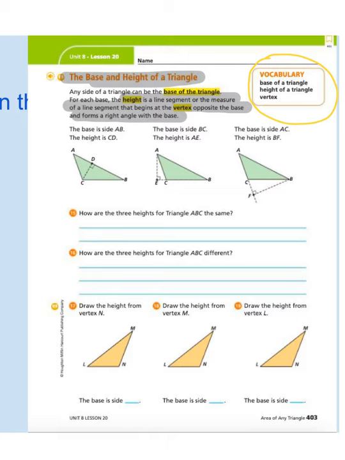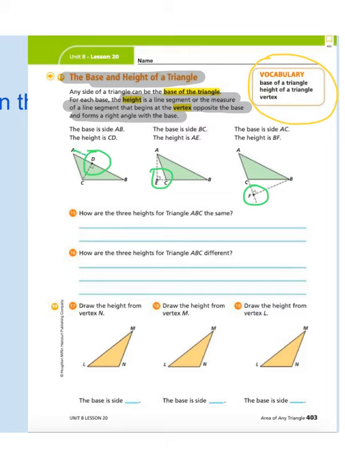So, right angle, when you are looking at that, you have that 90-degree mark in each one of those. So that's the right angle. They're telling us the base is AB in this one.